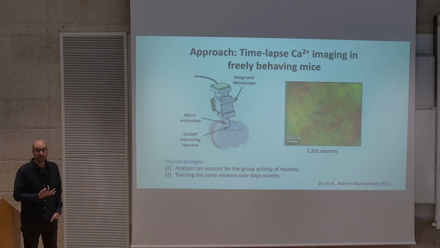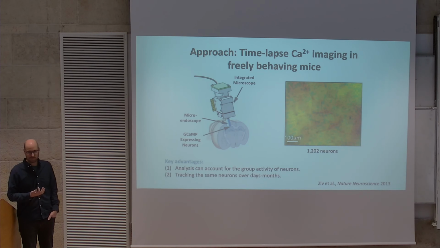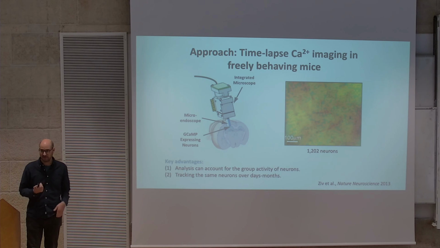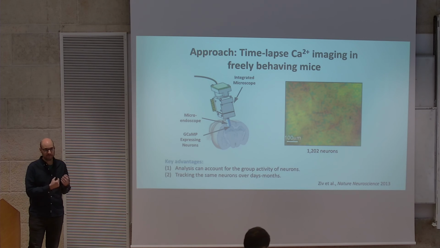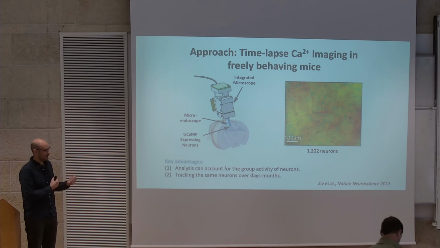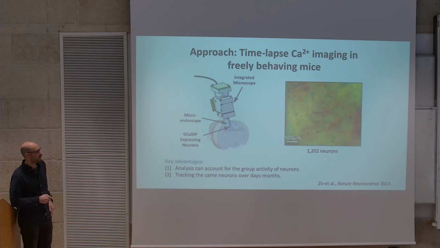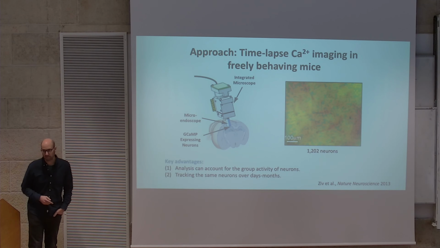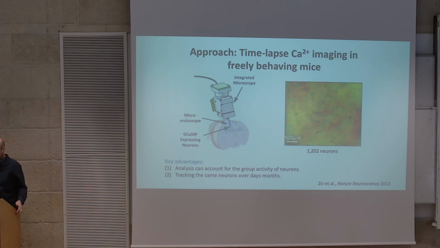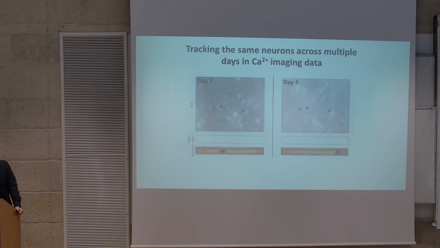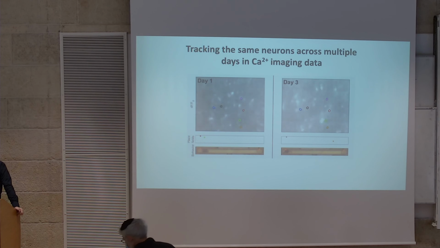This is important because it allows one to analyze the data not only by accounting for the activity patterns of individual neurons, but also the joint activity patterns. The other key advantage is the ability to track the same neurons over many days, weeks, and months. This is important because it gives us access to how neural codes evolve as a function of time and experience.